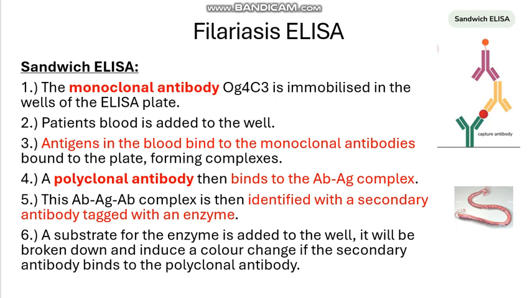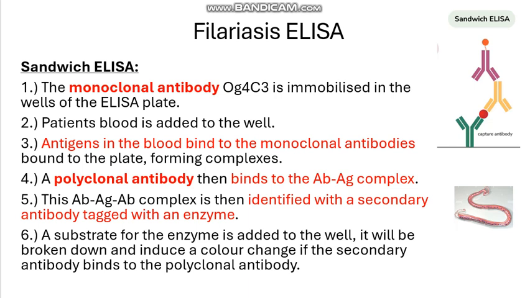This enzyme would break down a specific substrate, inducing a color change in the well. And if you see this color change, then it means that you've had this whole antibody-antigen-antibody secondary antibody complex formed, so that these second antibodies tagged with the enzyme can actually break down the substrate. So the substrate would be added to the well, and it would be broken down only if this whole sandwich ELISA complex that we see on the right has been formed.